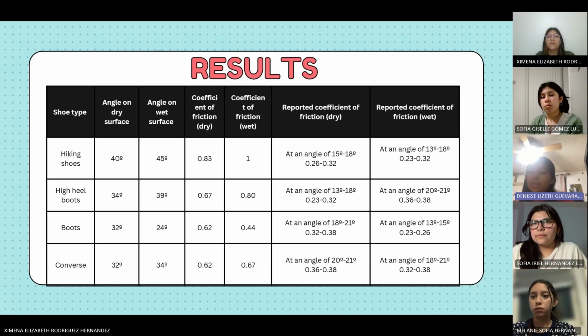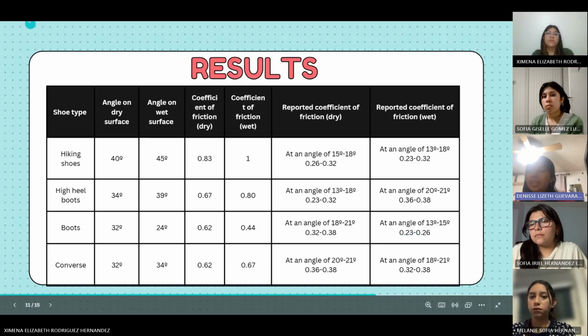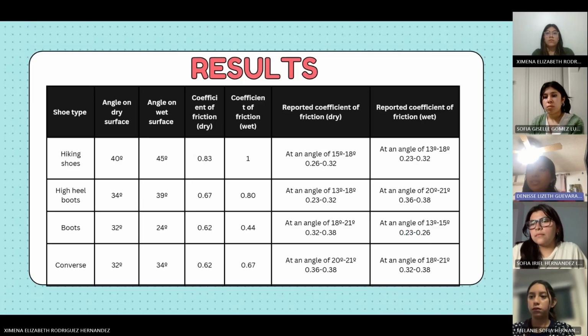At an angle of 18 to 21 degrees, 0.32 to 0.38. At an angle of 20 to 21 degrees, 0.36 to 0.38. And in the reported coefficient of friction, wet, at an angle of 13 to 18 degrees it is 0.23 to 0.32, and at an angle of 20 to 21 it is 0.36 to 0.38. At an angle of 13 to 15 degrees it is 0.23 to 0.26. At an angle of 18 to 21 degrees, 0.32 to 0.38.